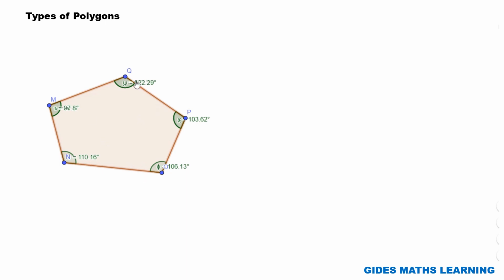So this pentagon is now a convex pentagon. But when we alter the angle such that one of them becomes more than 180 degrees, then the polygon ceases to be convex, but rather it becomes concave.